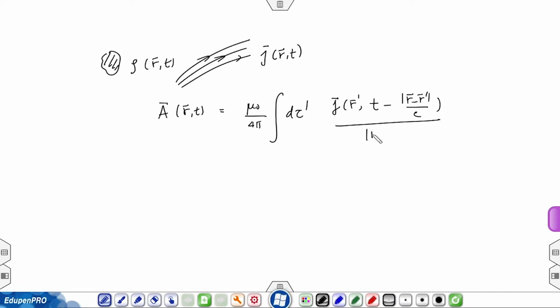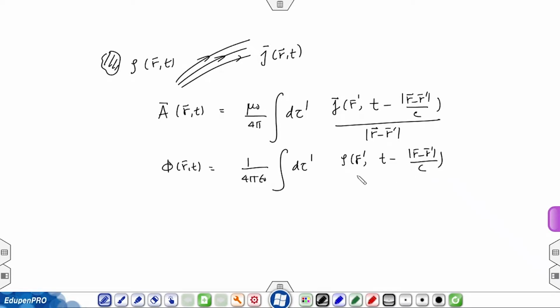divided by |r minus r prime|, and the scalar potential phi(r, t) equals 1 over 4 pi epsilon 0, integration d tau prime rho(r prime) at time t minus |r minus r prime| over c, divided by |r minus r prime|.